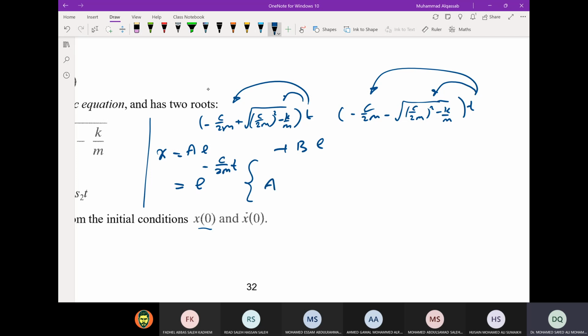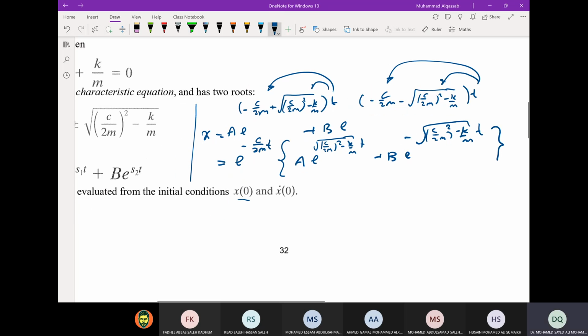And this will be A times e to power the square root of (c over 2m) squared minus k over m multiplied by t, plus B e to power minus square root of (c over 2m) squared minus k over m times t. And we close the square bracket. Okay, which is shown here.